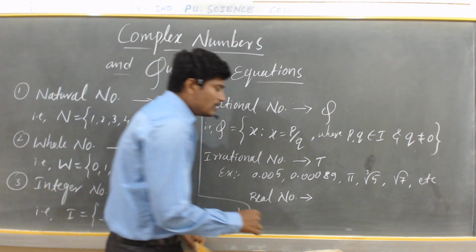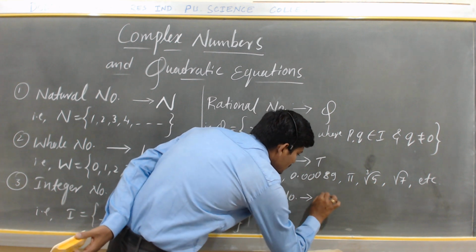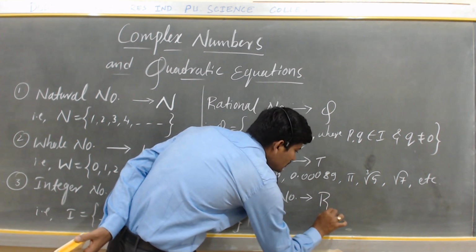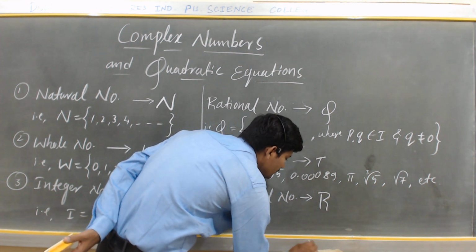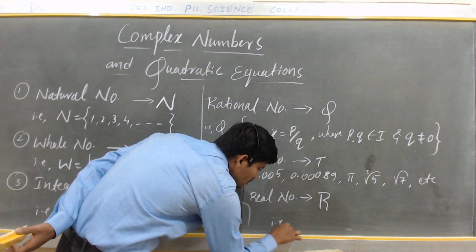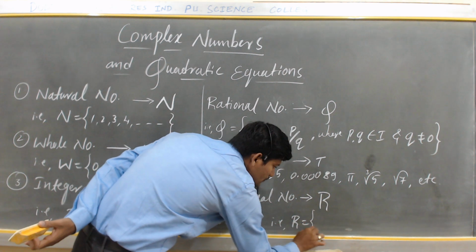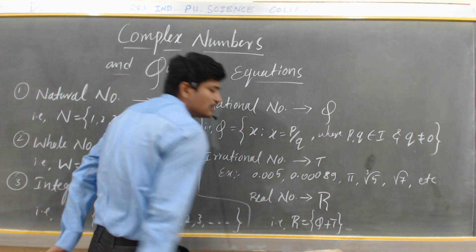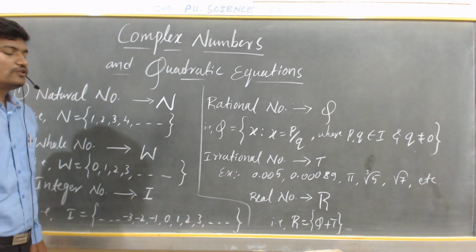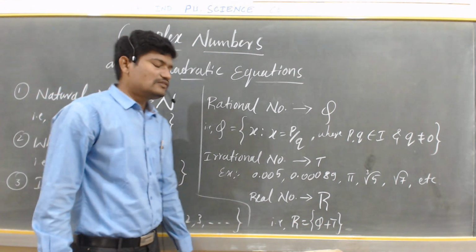Now I will write it symbolically. It is always denoted by capital R, and symbolically R equals Q plus T, where Q is a rational number and T is an irrational number.